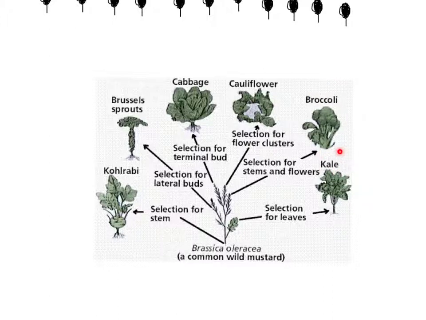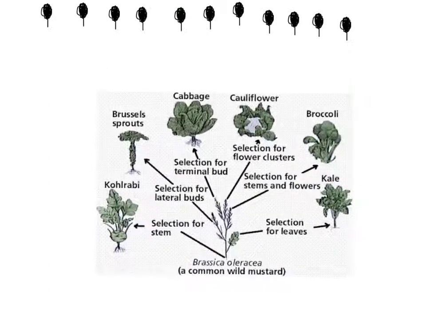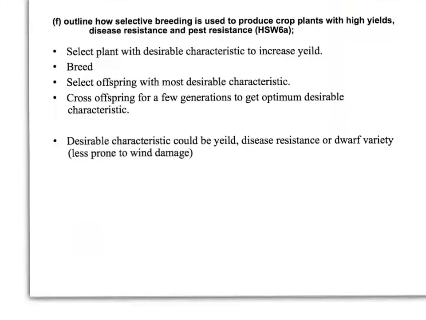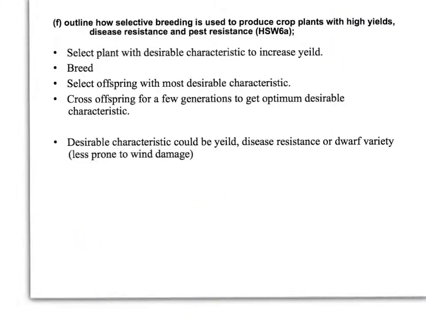Now like a lot of these things, it's not all ideal, in that one of the key problems that you can have from using selective breeding is that you then reduce your genetic biodiversity within your species.